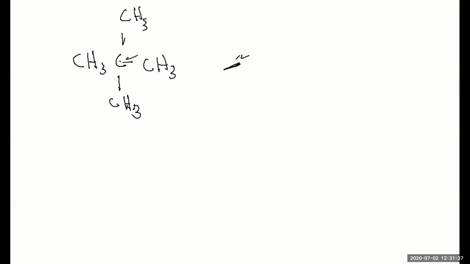But then this is bonded to another methyl group here, and it's bonded to a third methyl group here. And then it's bonded to a fourth. So essentially, we would have a line angle formula that looks like that. You probably draw it with a cross like this. It looks kind of funny, but that's what it is.